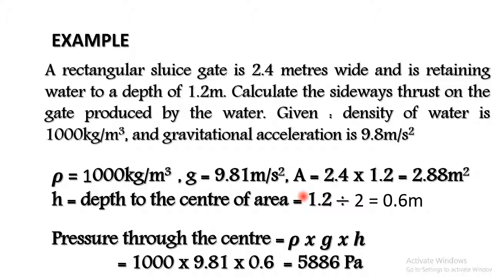We substitute the values we've been given into this formula. Then we have 1000 times 9.81 times 0.6, and the answer comes to 5886 pascals. That is our pressure at the center of the gate.